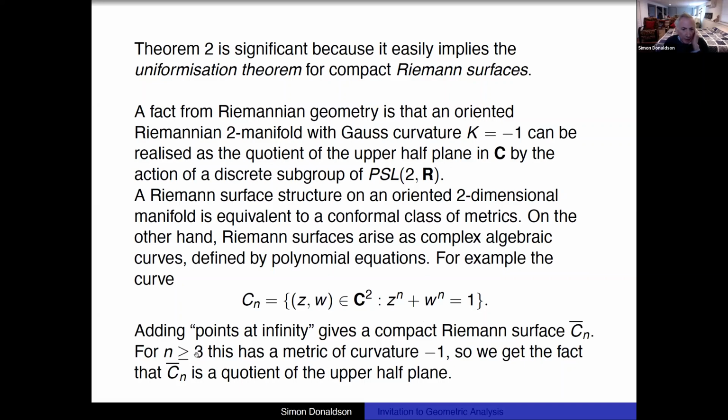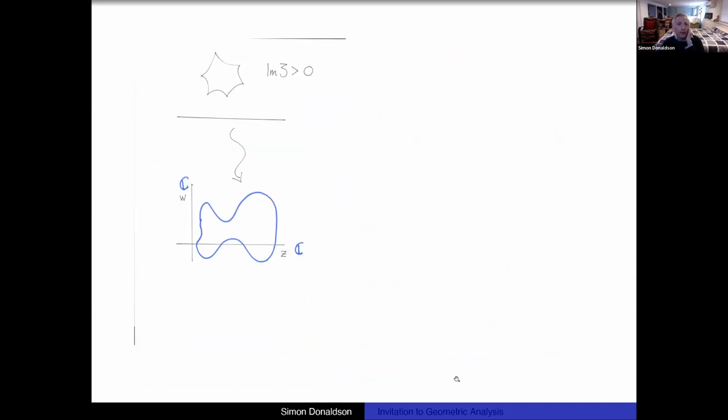And it's a fact that when this number n is at least 3, then it will have a metric of constant curvature -1. So our theorem, proved using the solubility of this PDE and some not too difficult extra arguments, implies that this algebraic curve also arises a different way as a quotient of the upper half plane.